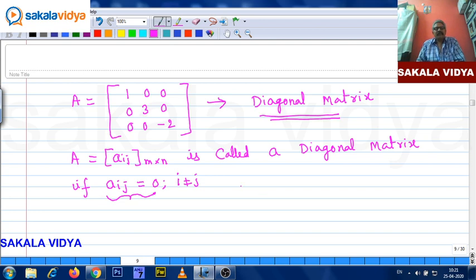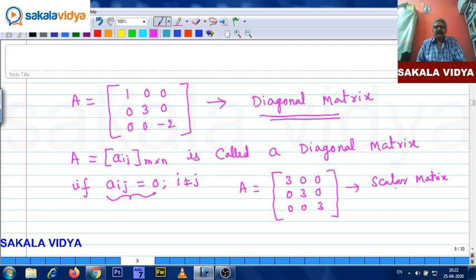For example, consider this example now. A is equal to 3 0 0, 0 3 0, 0 0 3. Now this is called a scalar matrix. A scalar matrix is also a diagonal matrix, but all the elements of the diagonal are equal.